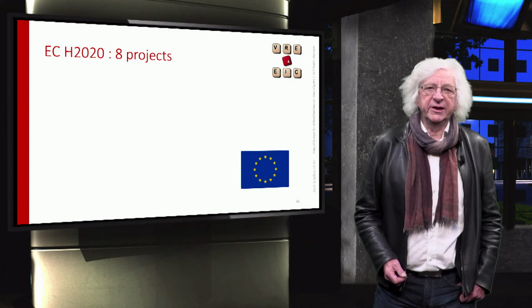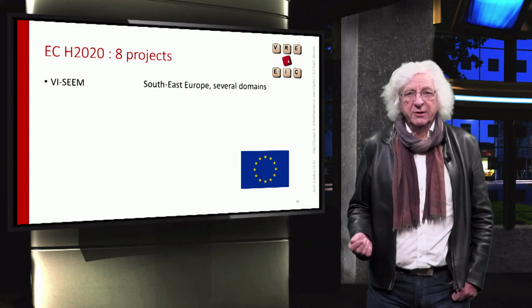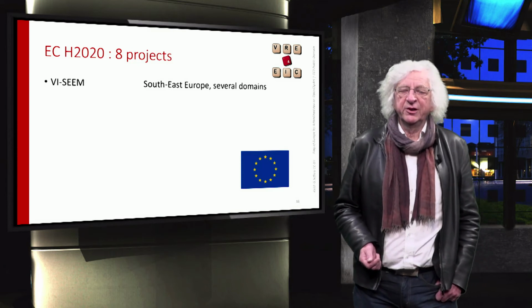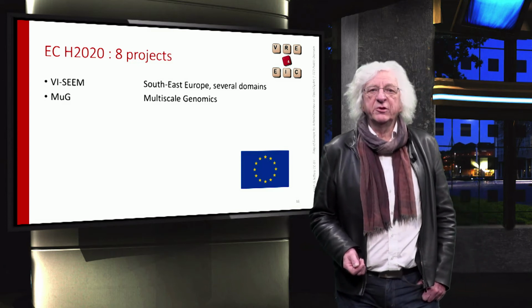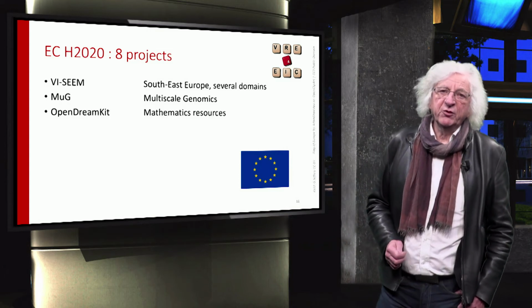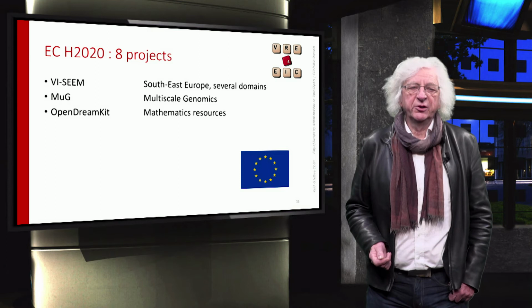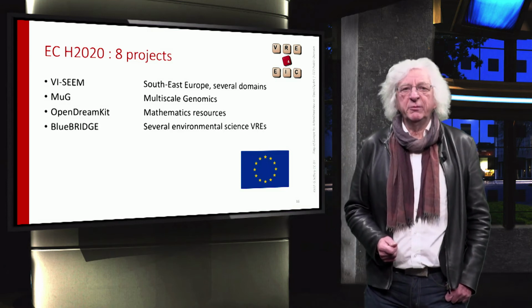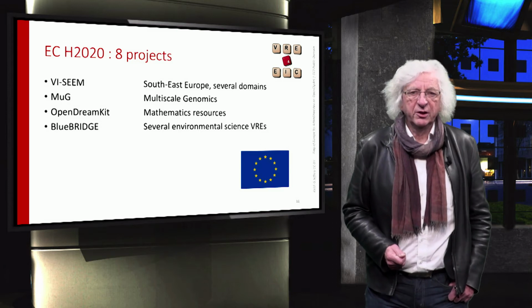Here we see the set of projects funded by the European Commission H2020 programme in the area of VREs. VICEAM is based in Southeast Europe and covering several domains. MUG is dealing with the domain of multiscale genomics. Open DreamKit provides mathematics resources. Bluebridge, this VRE consists of several environmental science VREs.